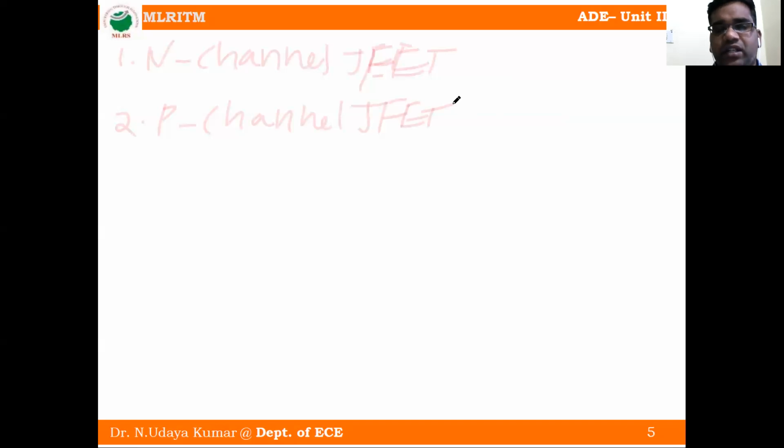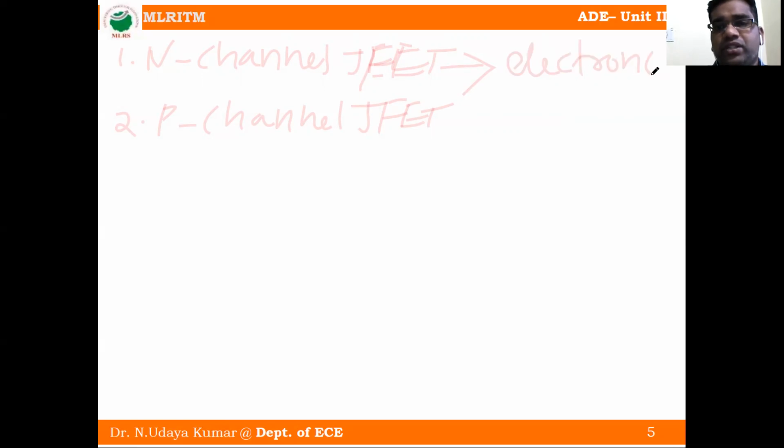So either electrons or holes. But in N-channel JFET, what is the majority charge carrier? N stands for negative, as I already told in BJT. Negative means electrons. So in N-channel JFET, the majority charge carriers are electrons.